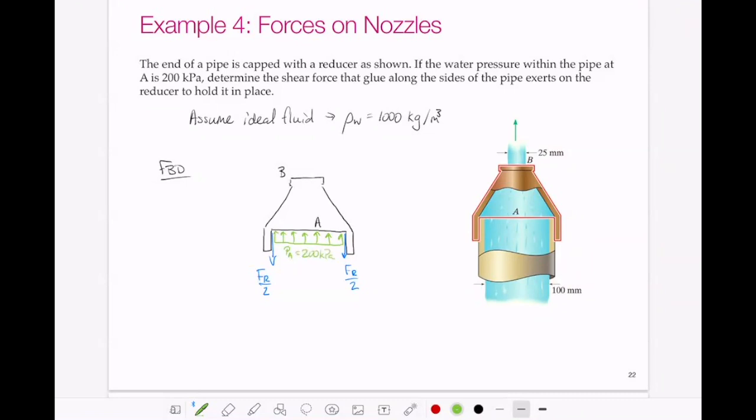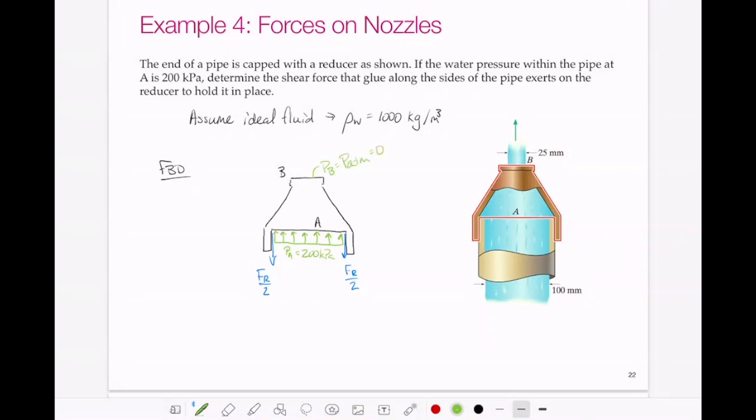What about the pressure at B? We don't really have any information, but from the picture, it looks like at point B, it's exposed to the atmosphere. So this can just be open. So PB equals P atmosphere.